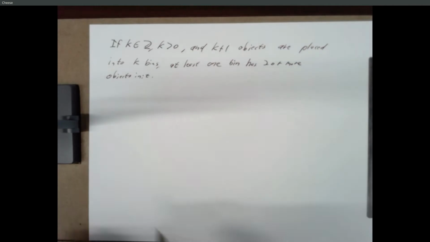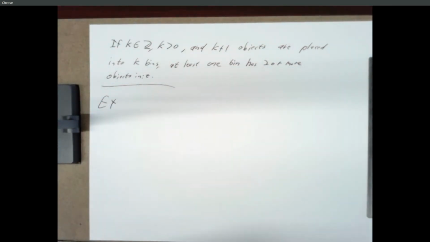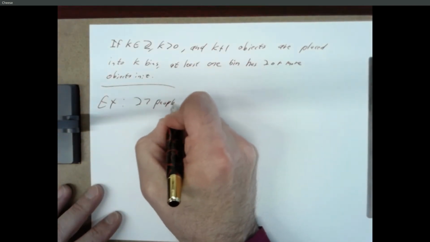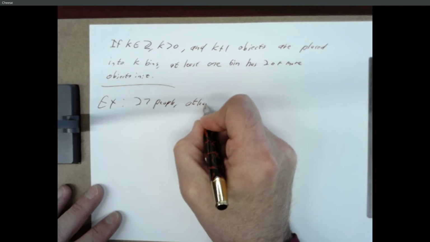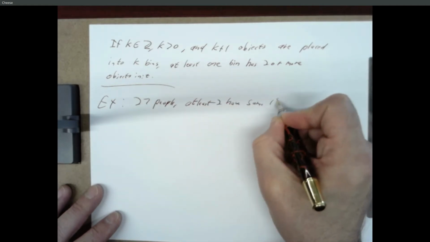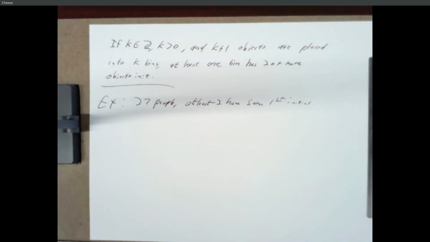So examples. If you have 27 people, at least 2 have the same first initial, assuming that initials are made up of the letters A through Z uppercase. So how do we get this with the Pigeonhole Principle?